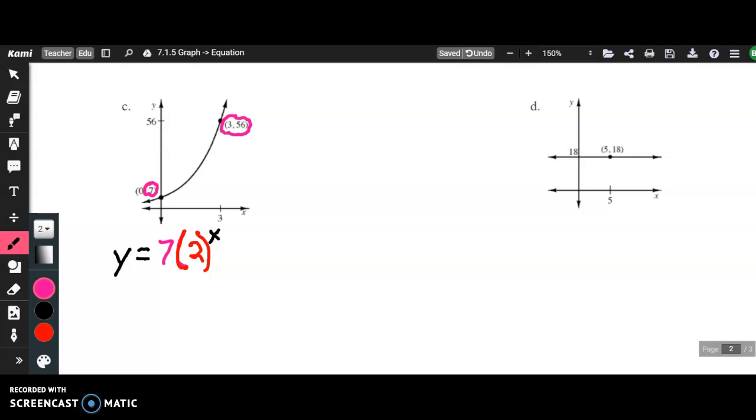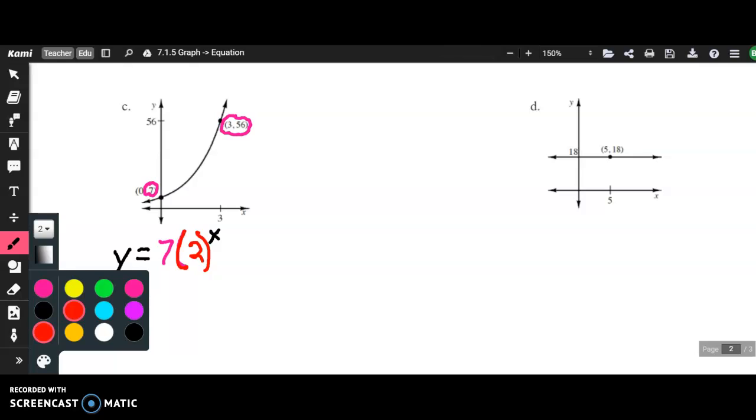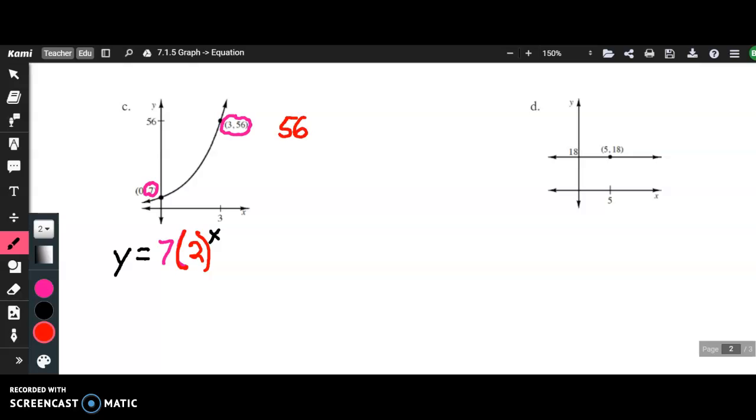When I'm doing exponential, I know my rate of change means that I am multiplying instead of adding. So I have to think, what can I multiply by 7 to get to 56? If I don't know how to do that, I can take 56 and divide that by 7. I should get the number 8.